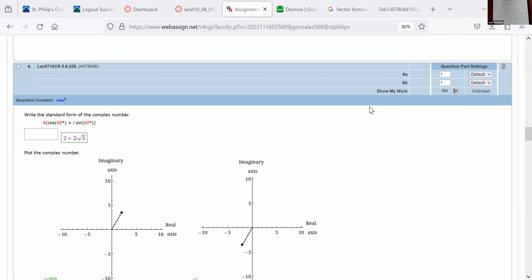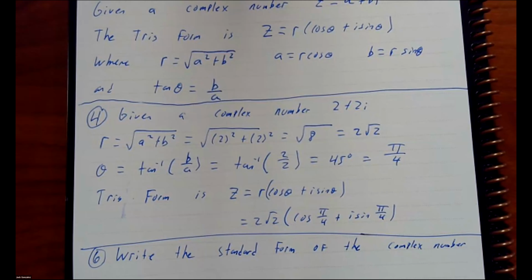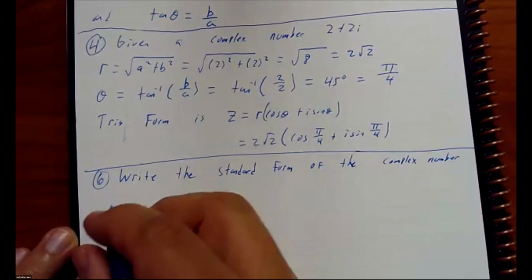Sine of 60. The square root of 3 over 2. Yeah, that's what it'll be. Now let's do it on paper. All you gotta do is evaluate and you're done.